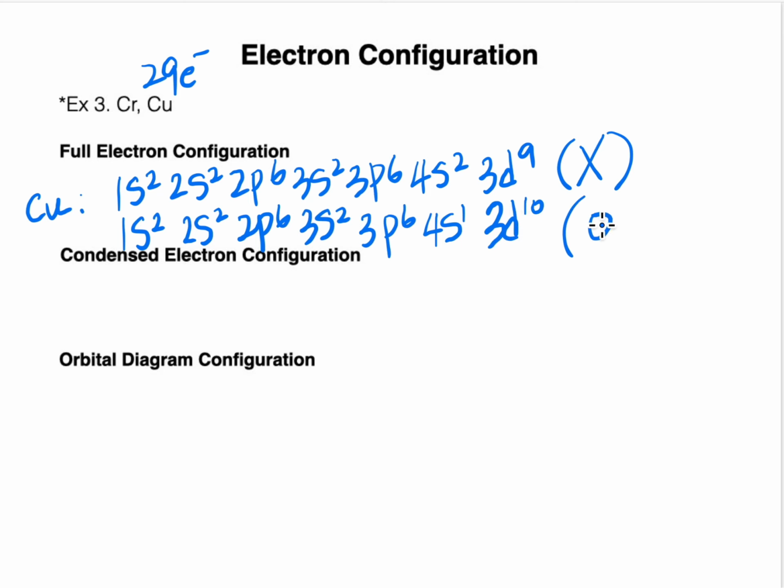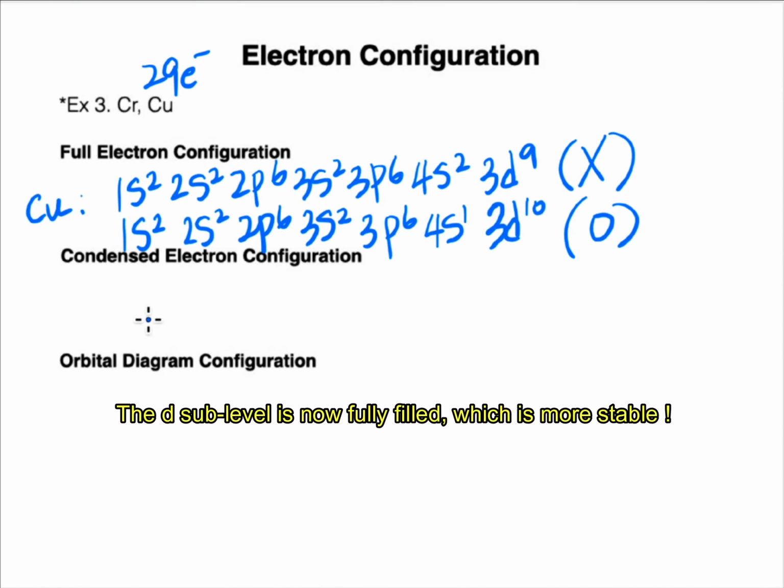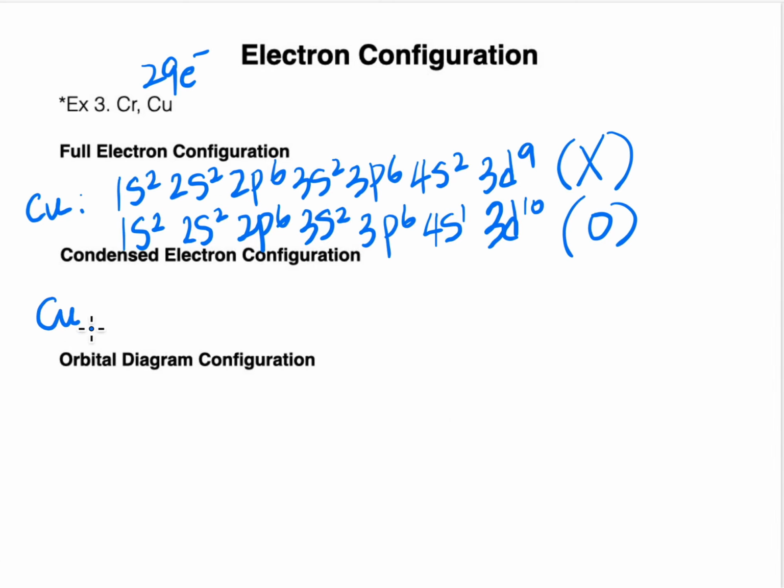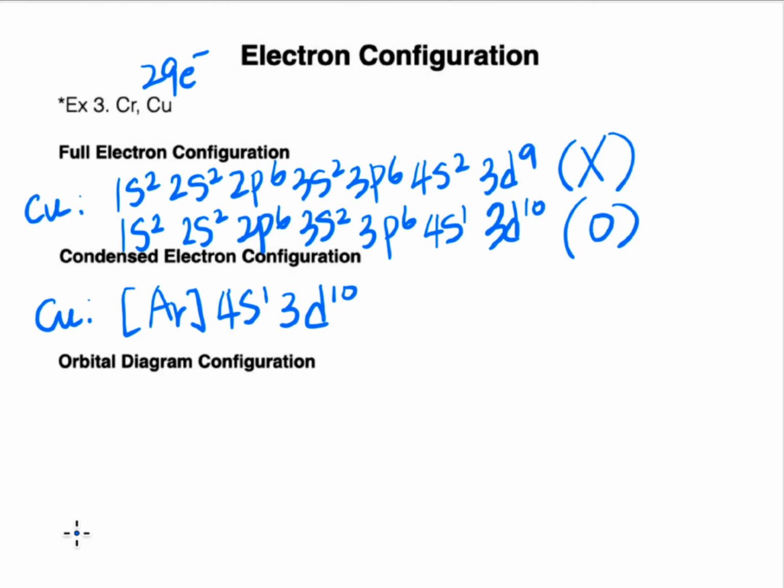This is because having a half-filled or fully filled d sublevel is energetically more favorable. Next, condensed electron configuration. The full electron configuration of copper up to 3p6 is the electron configuration of argon, so we can condense the electron configuration of copper as [Ar] 4s1, 3d10.